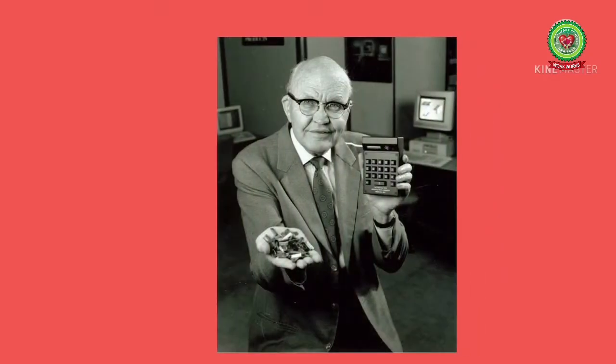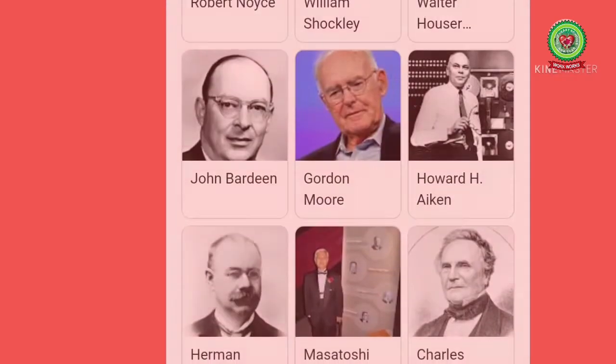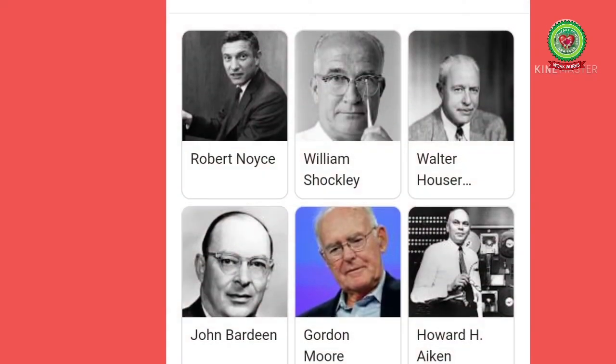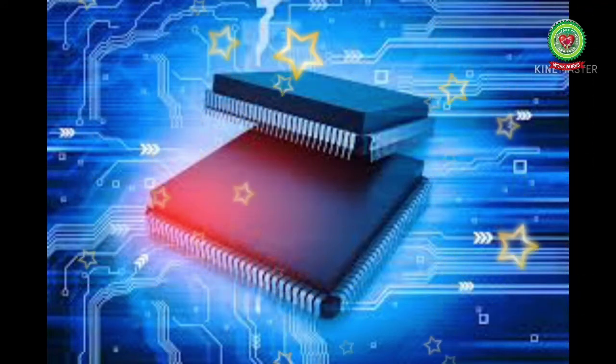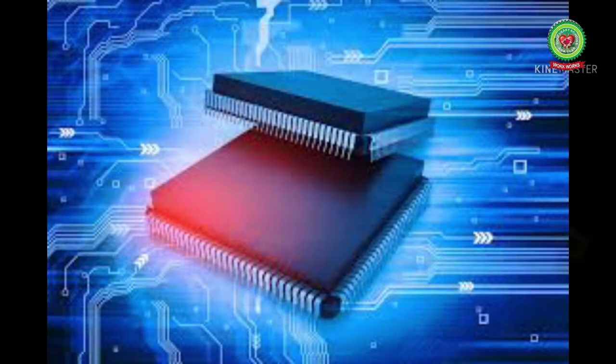The concept of integrated circuits was first introduced by Jack Kilby. Here we can see a few engineers who worked on the concept of integrated circuit. An integrated circuit consists of a chip.